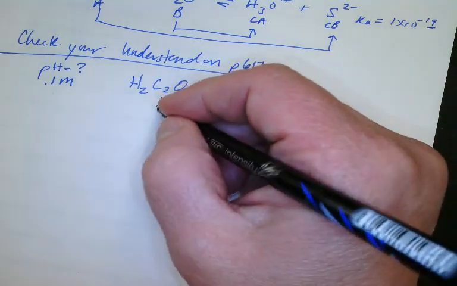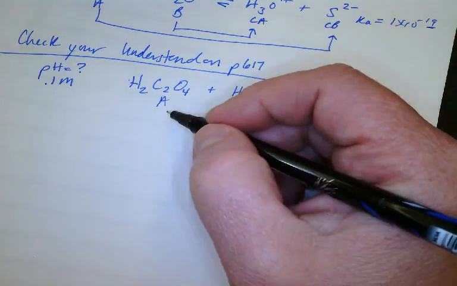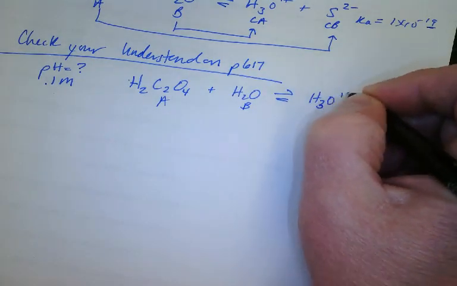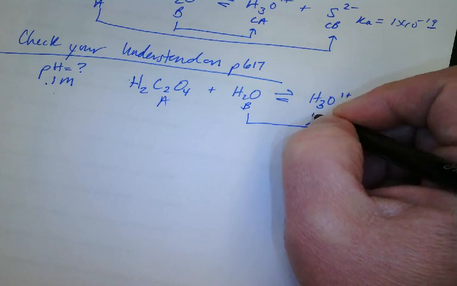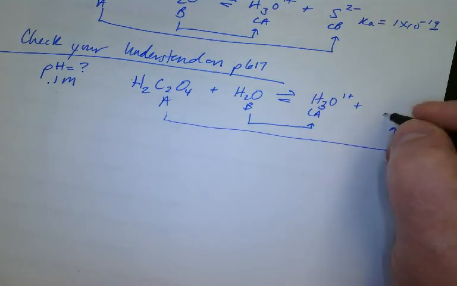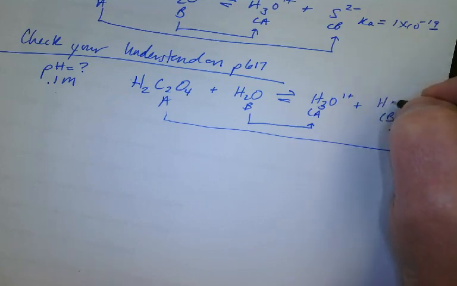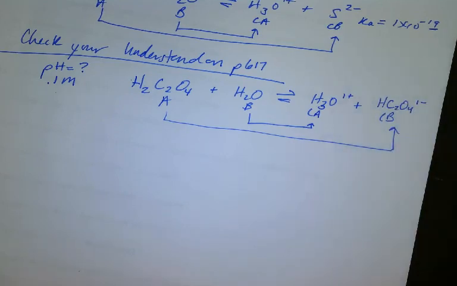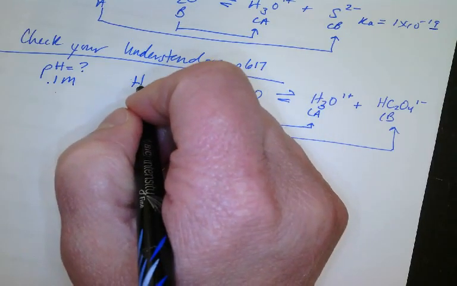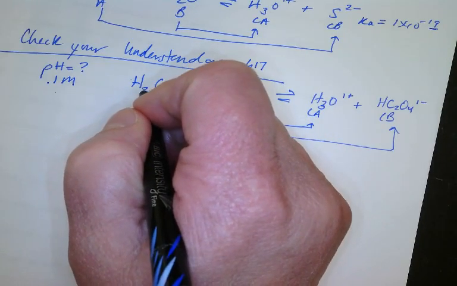Okay, so if this is an acid, that means this is a base, and it's going to give away one of the hydrogens to the water. So this is a neutral compound. Each hydrogen has a 1 plus, and I have 2 of them.